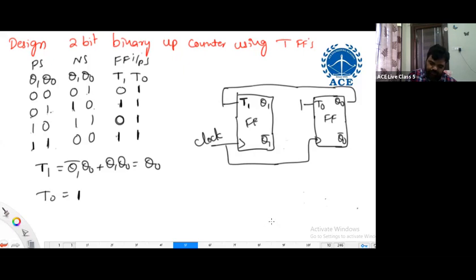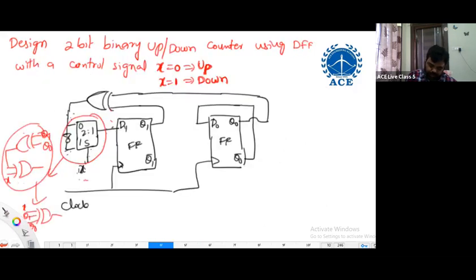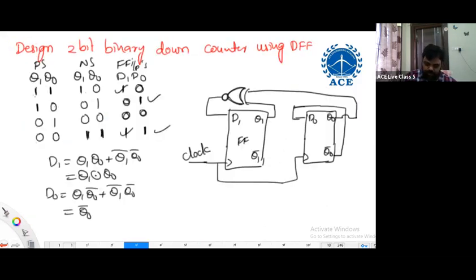Shweta Sharma, what happened? XNR Q naught bar. What is there to understand in this? Down counter: D1 is Q1 XNR Q naught.